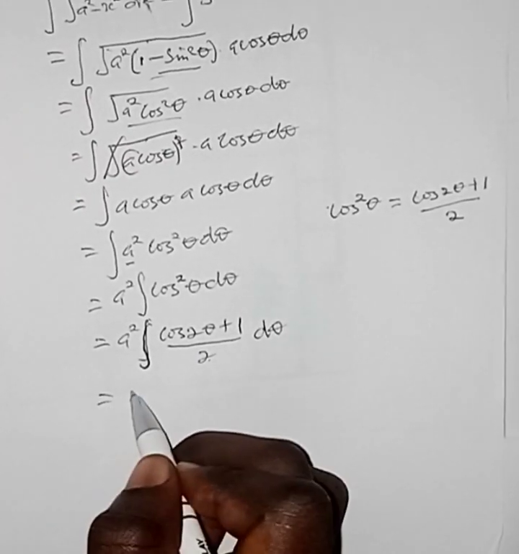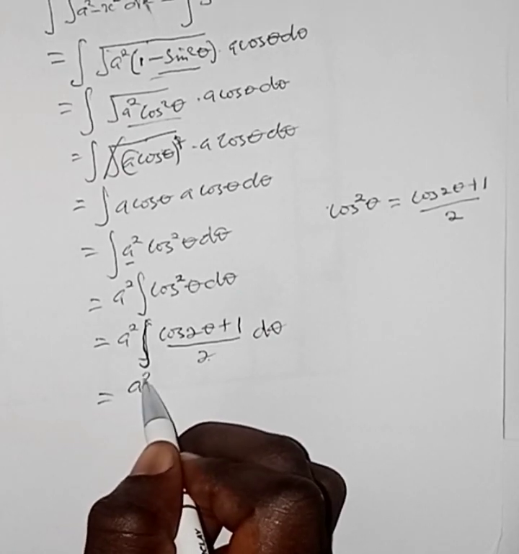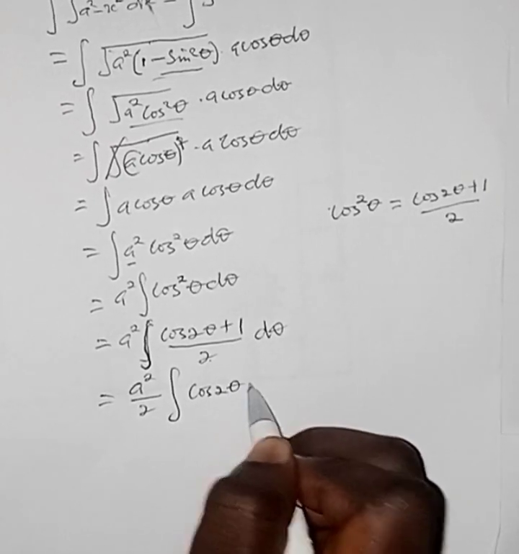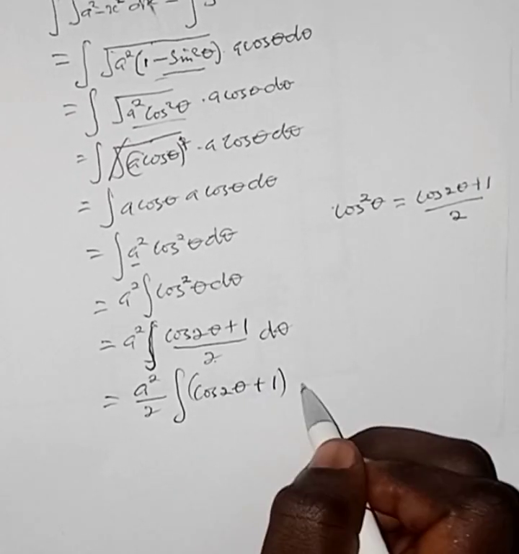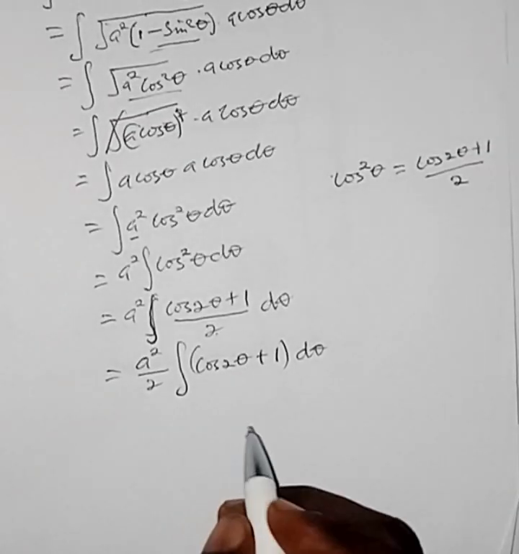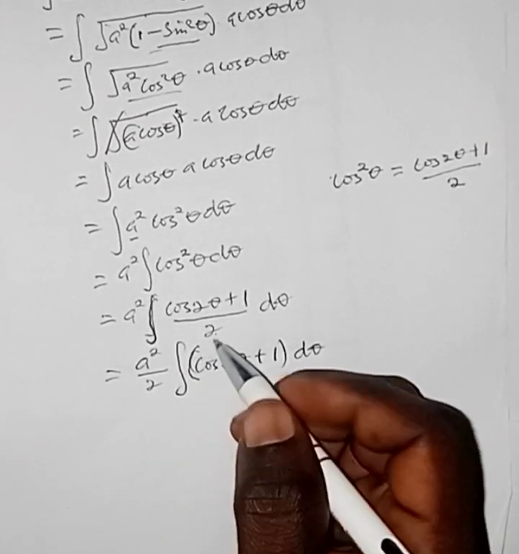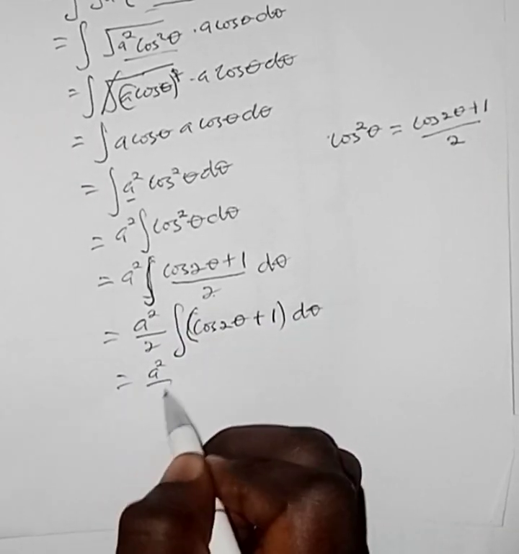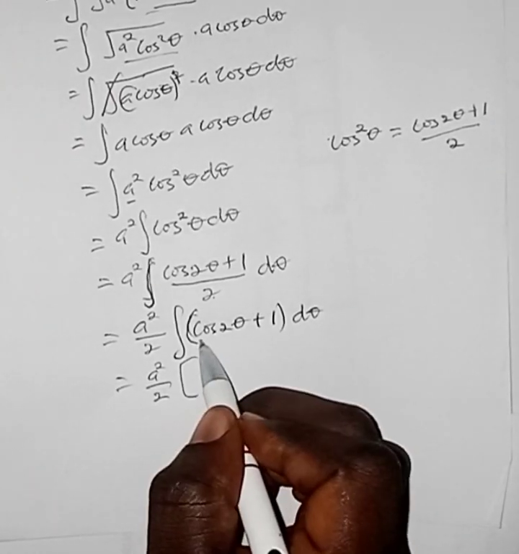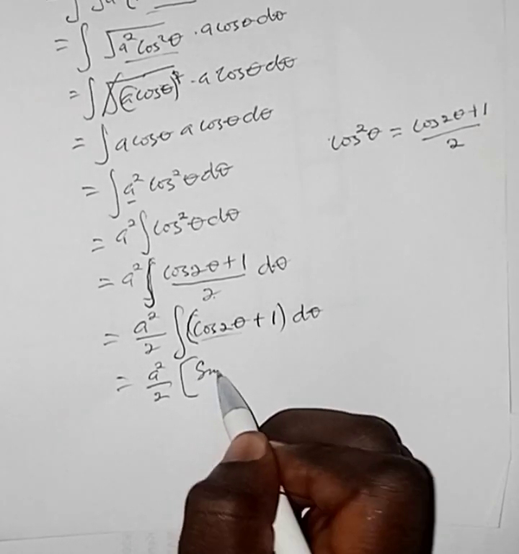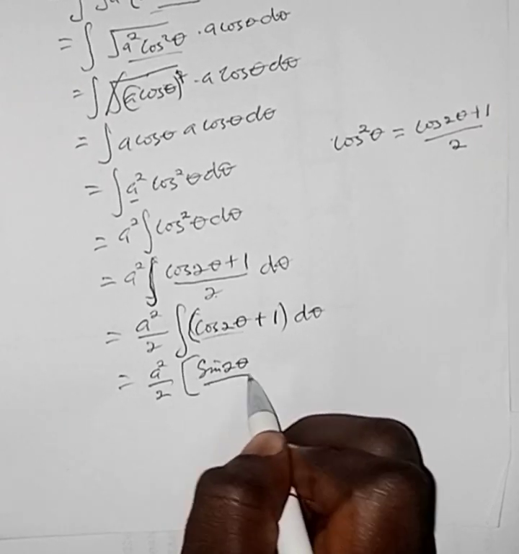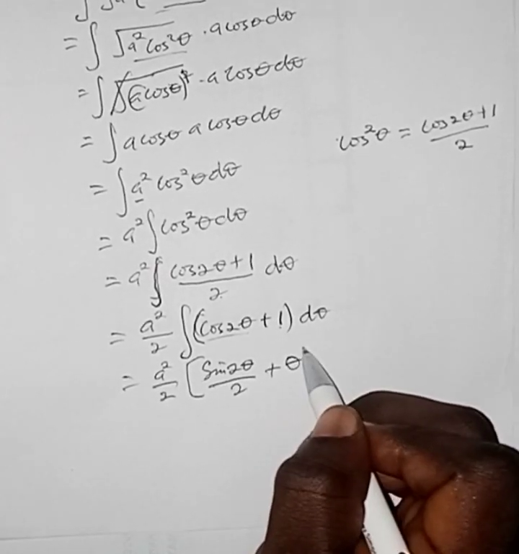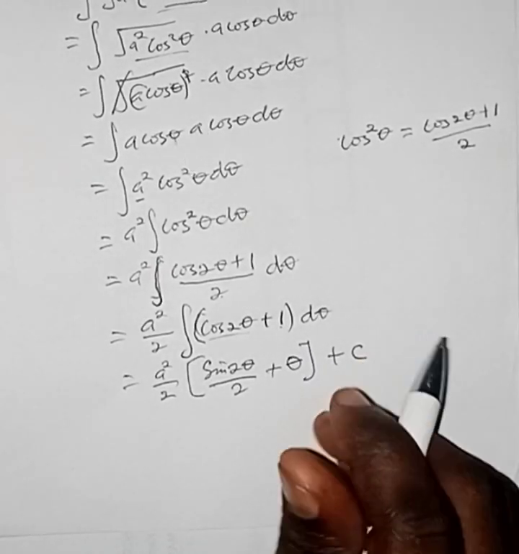Factorizing the constant half, we have a squared divided by 2 times the integral of cos 2 theta plus 1 d theta. Now we are just going to integrate directly, and if we do that, we have a squared divided by 2 times: integrating this one, sine 2 theta divided by 2, plus, if we integrate 1, we have theta, and then plus our constant of integration.